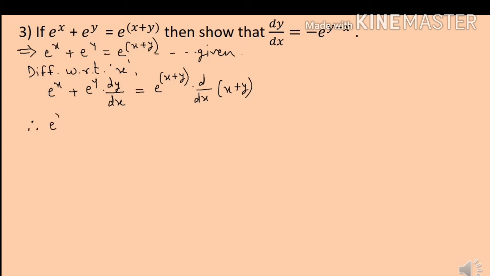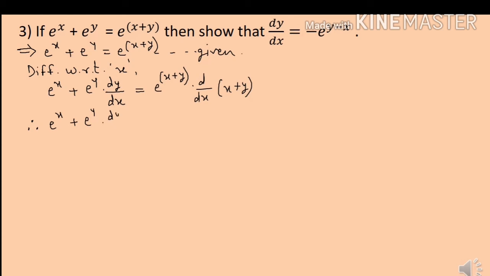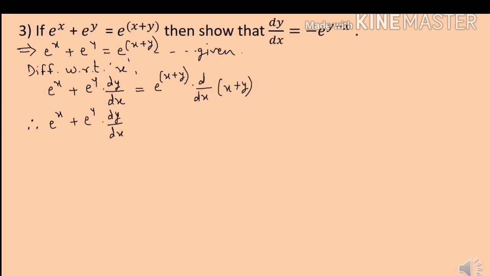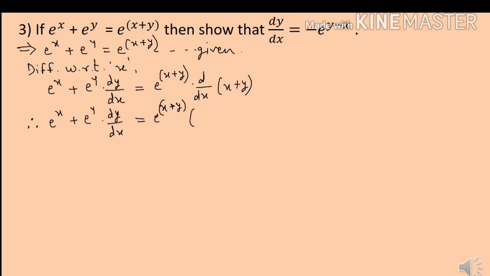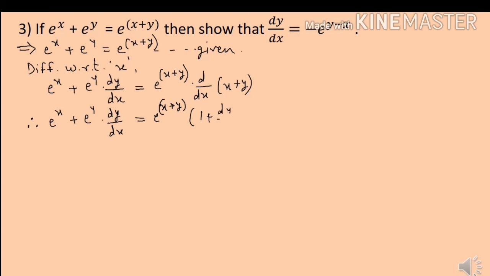So you get therefore e raised to x plus e raised to y into dy by dx is equal to e raised to x plus y into derivative of x will be 1 and derivative of y will be dy by dx.